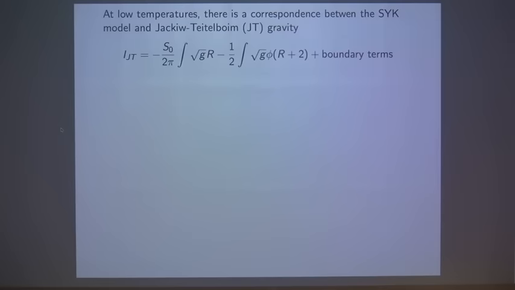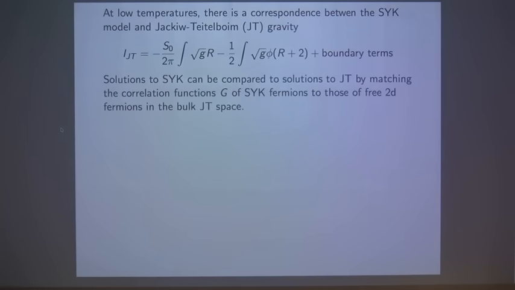Now, one way to understand the correspondence between solutions to this model and SYK is that we can match them up by looking at the correlation functions G in the SYK model and matching those to correlation functions of free two-dimensional fermions in the two-dimensional Jackiw-Teitelboim space. We have free fermions in the bulk. We compute their two-point function and match that to the correlators of fermions in the SYK.